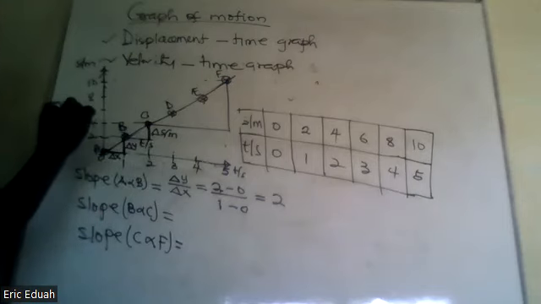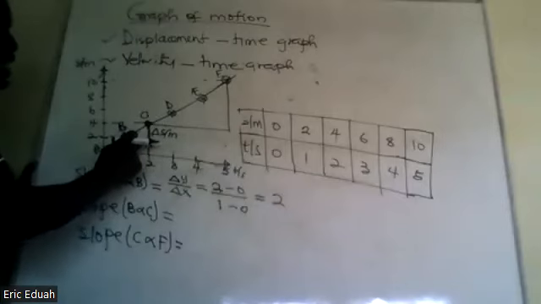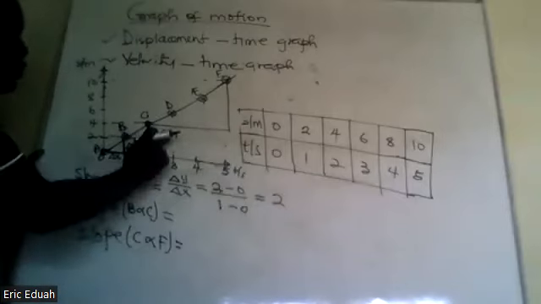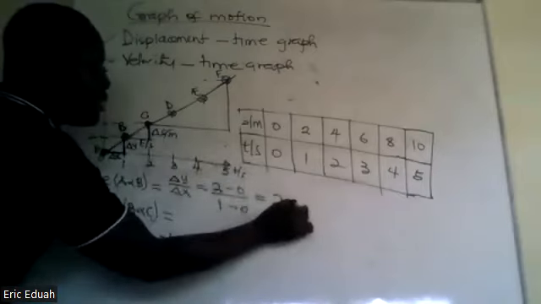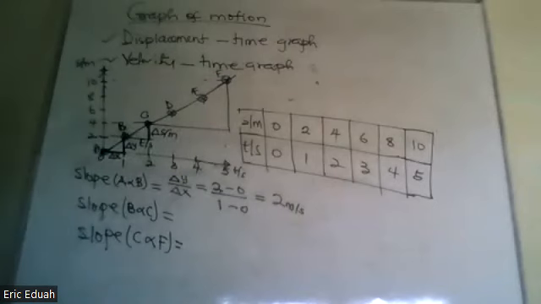S. And so you realize that since slope is this divided by this, the unit of the slope will be meter per second. That's why we attach units to this, to help you.